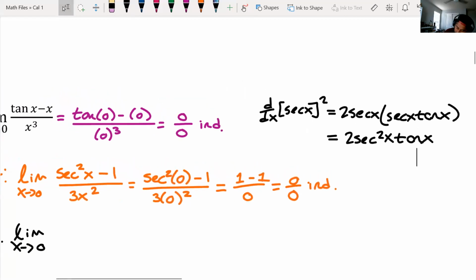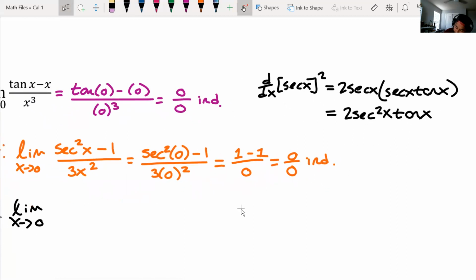Okay, so that's what goes here: 2 secant squared x tangent x over 6x. And now you can plug in 0 again.